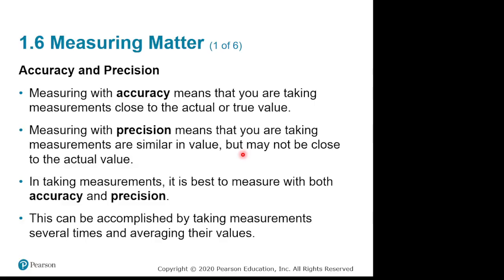So not accurate. Very poor accuracy. Can anybody tell me what both of those would be? How would I draw that to get both? I need to be very tightly grouped right on the target, right? And that would be both accurate and precise.